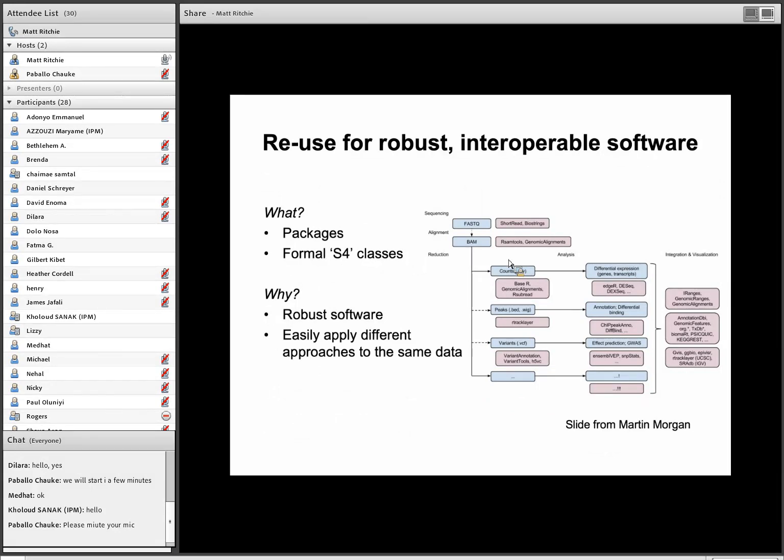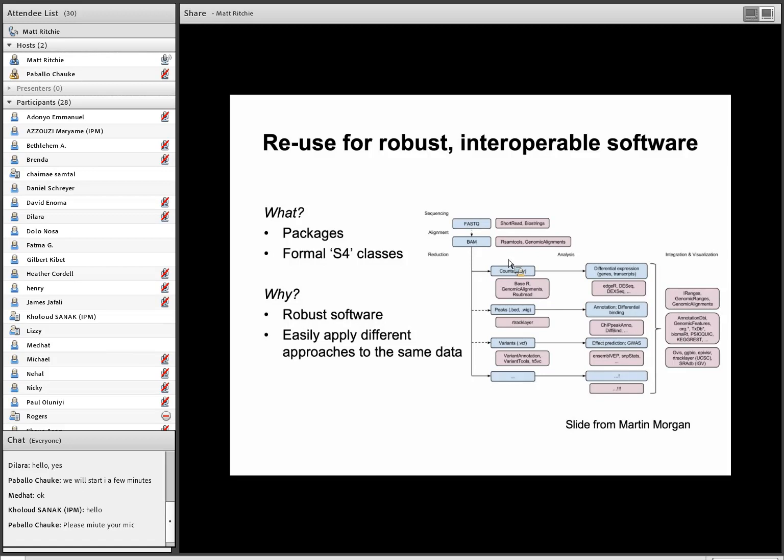So other features of Bioconductor that make it really useful are the way that people's code is packaged up into distinct little packages, such as the little logos that I showed on the previous slides.